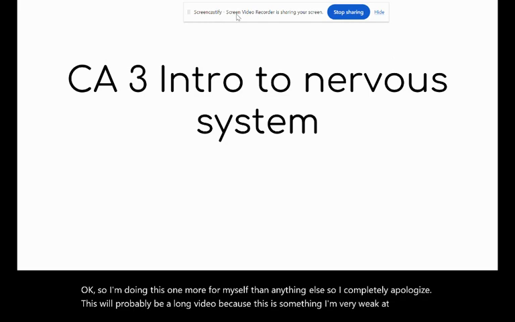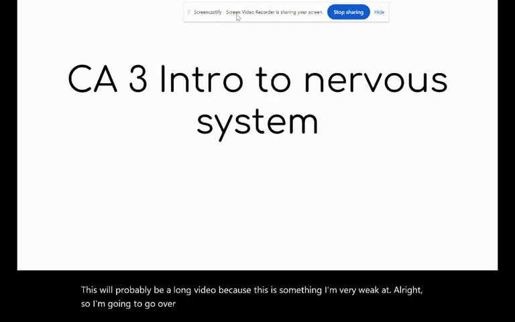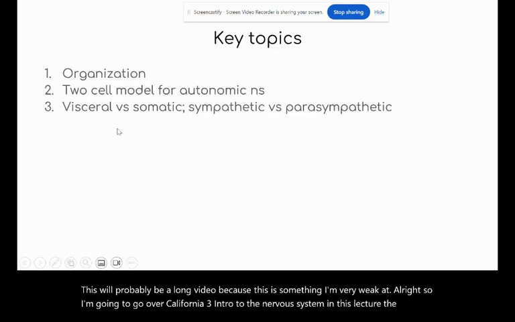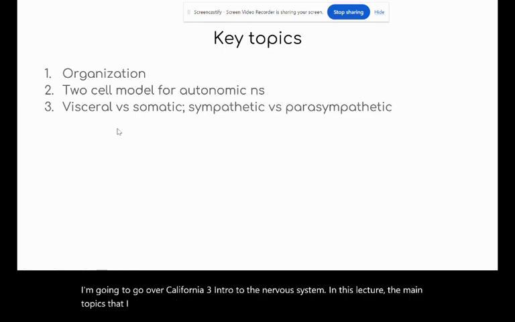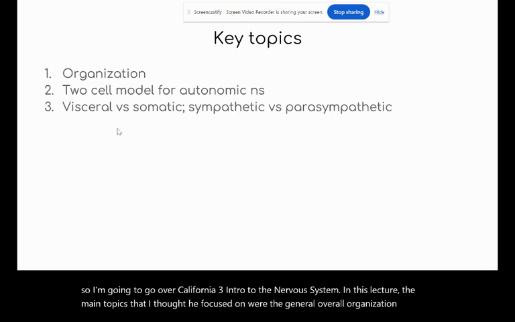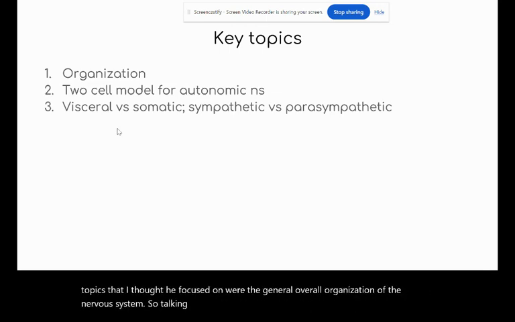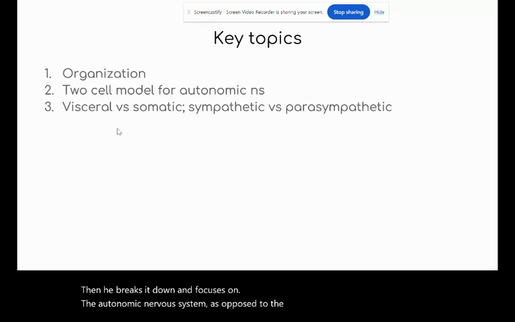All right, so I'm going to go over CA3 Intro to the Nervous System. In this lecture, the main topics that I thought he focused on were the general overall organization of the nervous system, so talking about how physically the neurons are arranged. Then he breaks it down and focuses on the autonomic nervous system as opposed to the somatic nervous system.